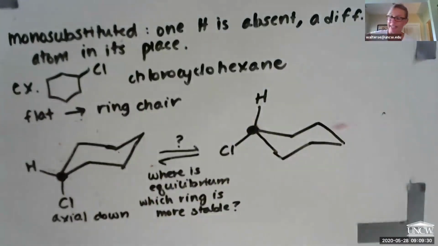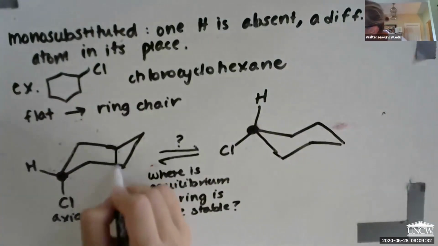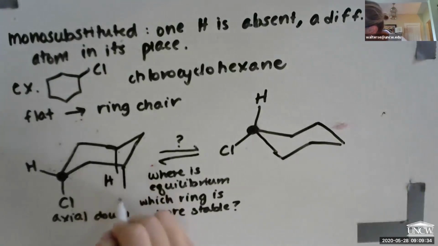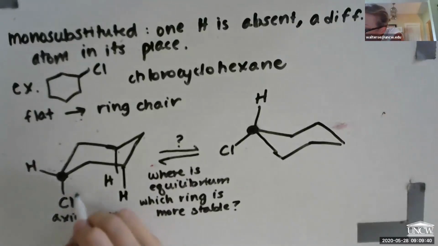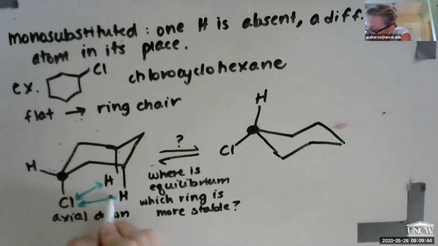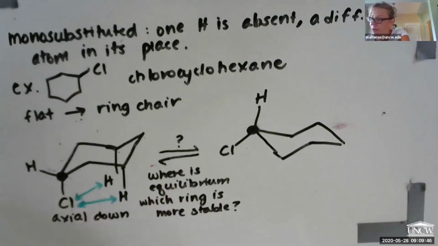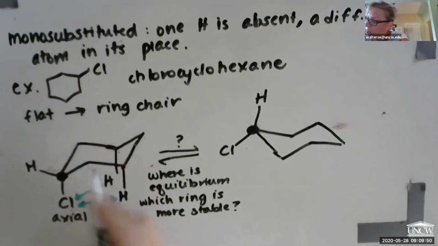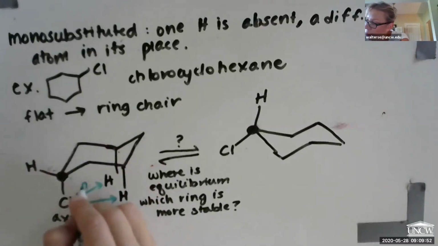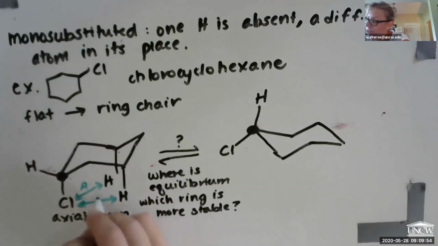Those are axial down hydrogens here and here. So these are going to interact, and these are going to interact. That interaction, you'd have one example of it here, a second example of it here.